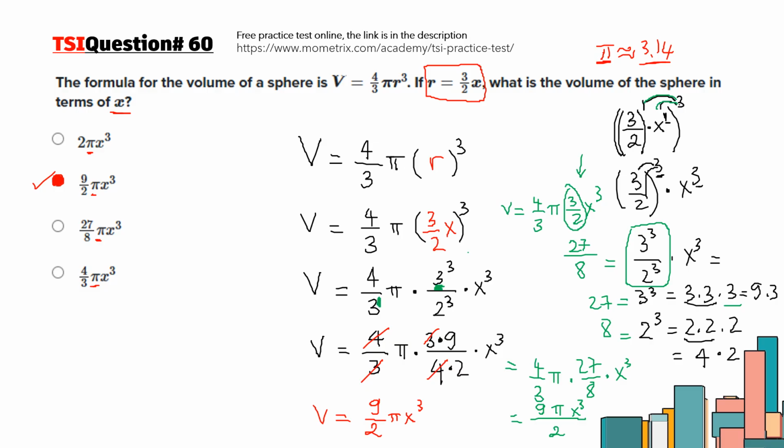And if you have 4 and 2 cubed, you will know that 8 is 2 cubed. 4 is 2 times 2, so 4 is 2 squared. So you have 2 factors of 2, and then you cancel with 2 factors of 2 at the bottom. You have left at the bottom 1 factor of 2. That's how we have 9 over 2.